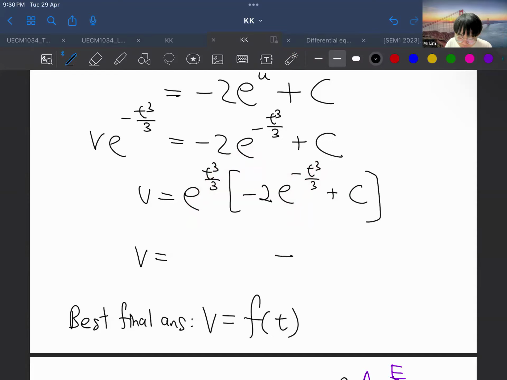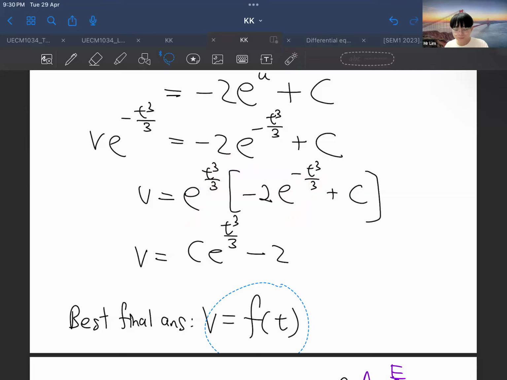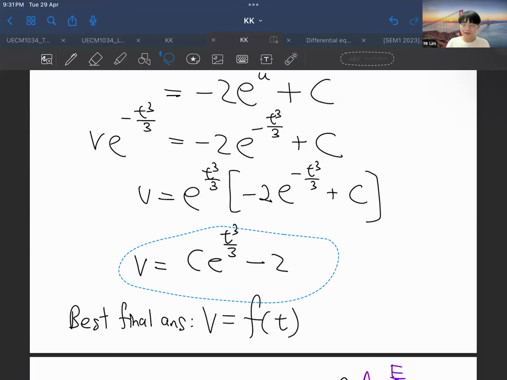I normally prefer to put the minus term behind. So C e^(t cubed over 3) minus 2. That is the final answer, and in the form of f(t). In this case, we only need a general solution because the question is not given any conditions. So yes, it's a final answer.